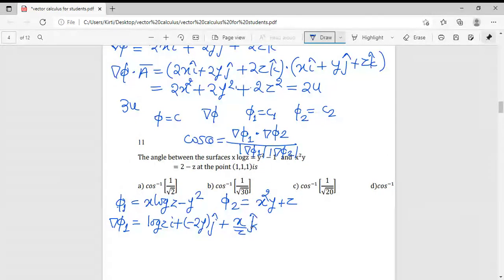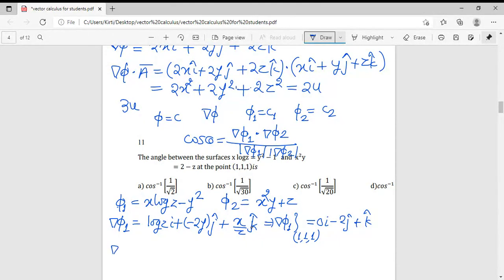X is constant, and the derivative of log z is 1 by z. Its value at the point 1, 1, 1 we will evaluate. Put z as 1, log of 1 is 0, so we have 0i, here it is minus 2j, and here it comes out to be k. So I have del phi 1 as this.